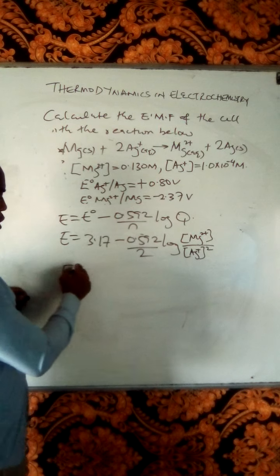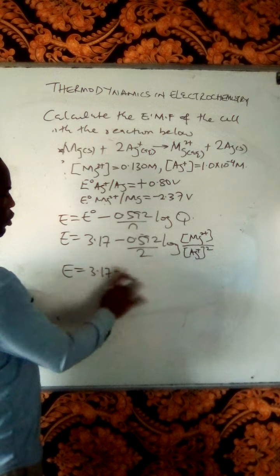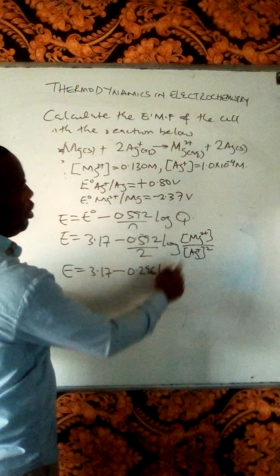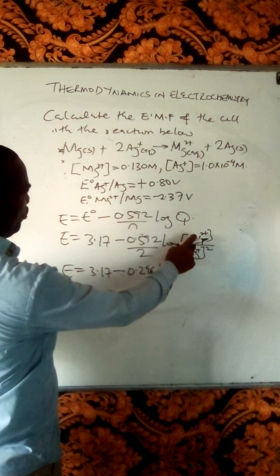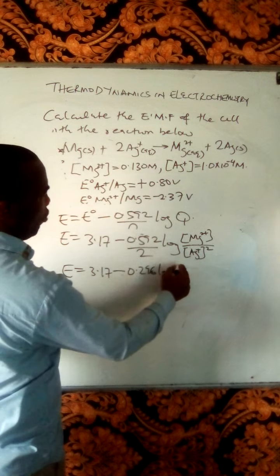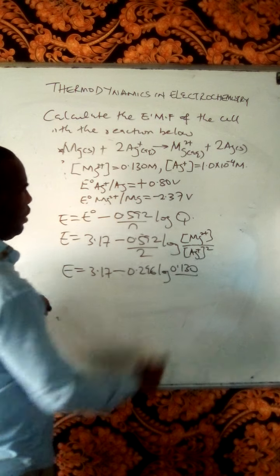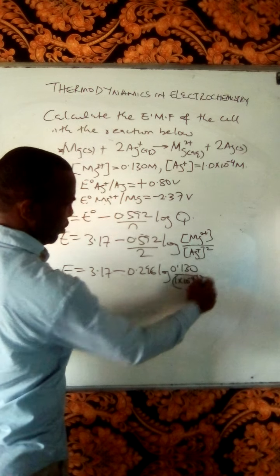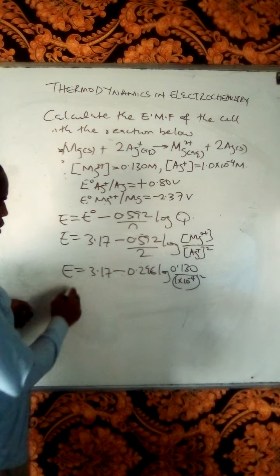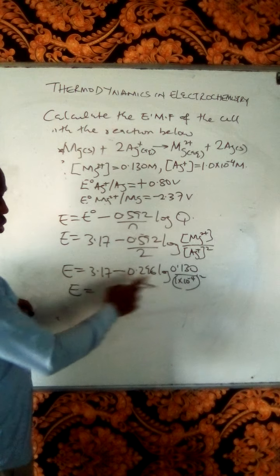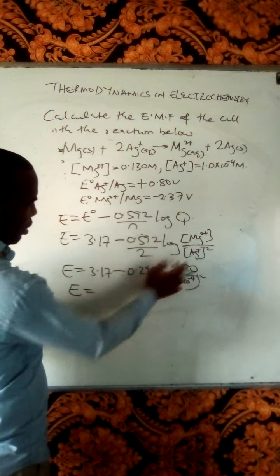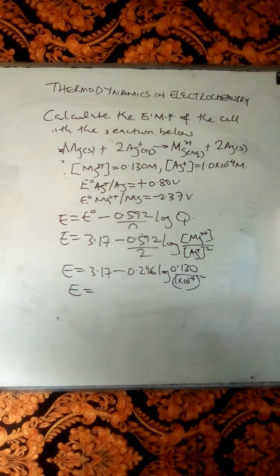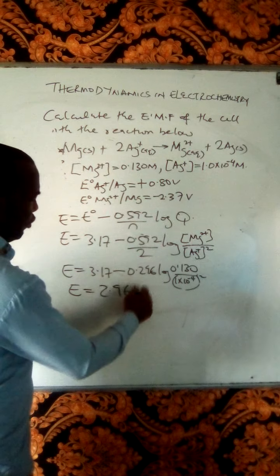Solving, 3.17 minus 0.296 log, putting in the magnesium ion concentration given as 0.130, while that of silver is given as 1 times 10 to the power minus 4, squared. Solving this with our calculator, we evaluate what is under the log and get our final answer as 2.96 volts.